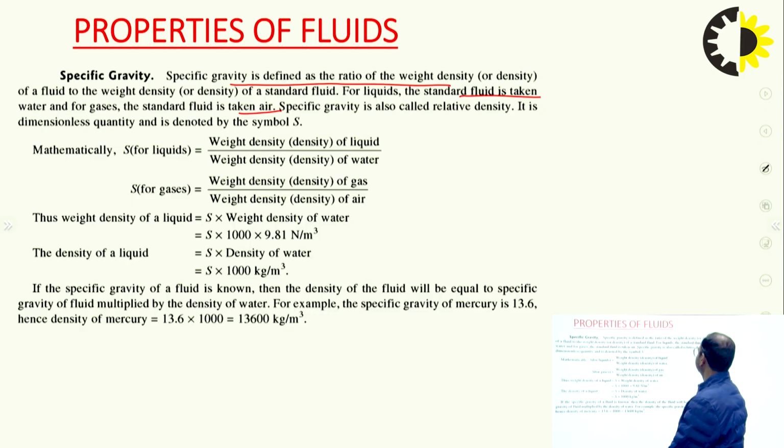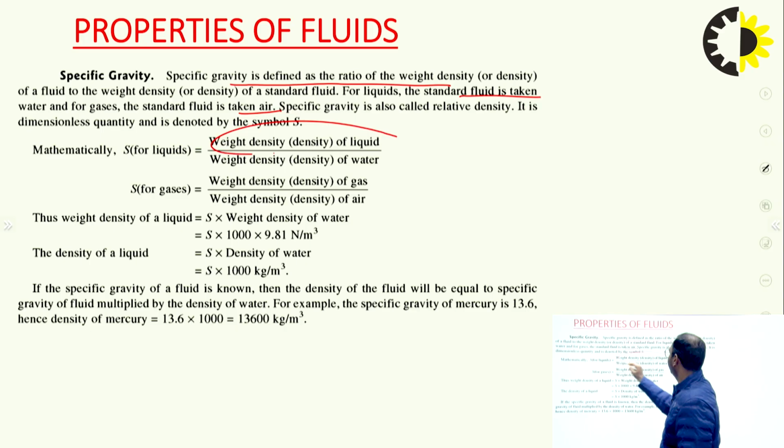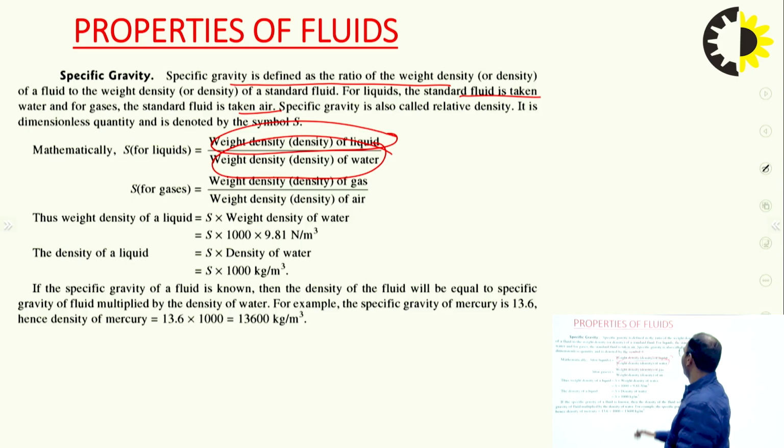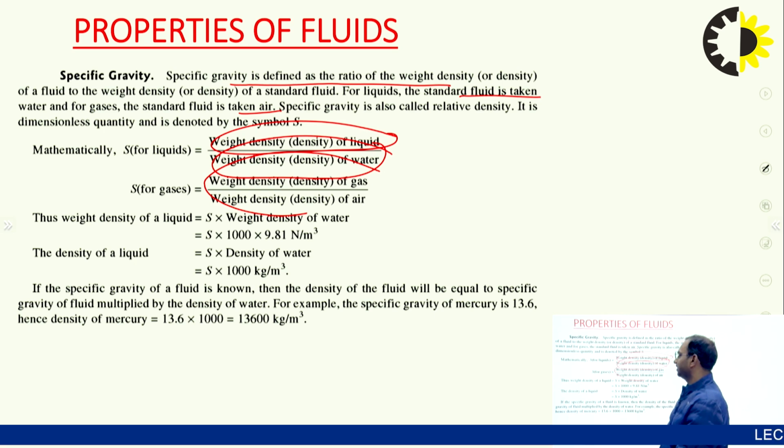Specific gravity is also called relative density, and it is a dimensionless number denoted by the symbol capital S. Mathematically, specific gravity is equal to the weight density or density of a liquid to the weight density or density of water. For gases, it is the weight density or density of the gas to the weight density or density of air. So it is a dimensionless number.